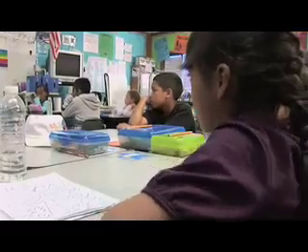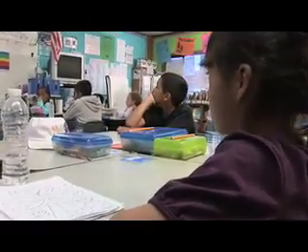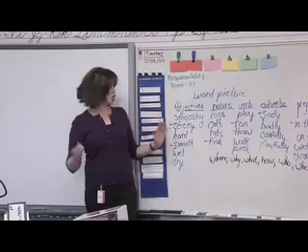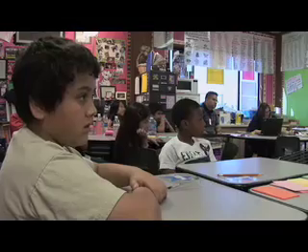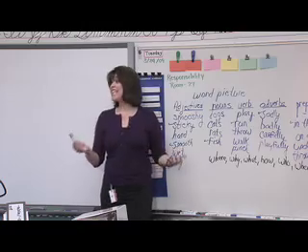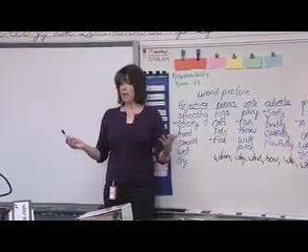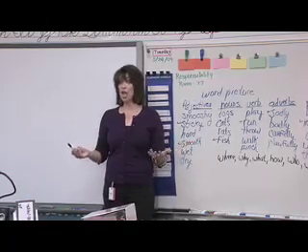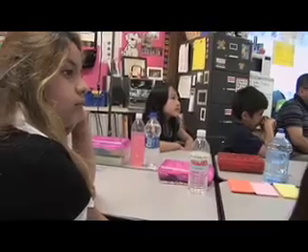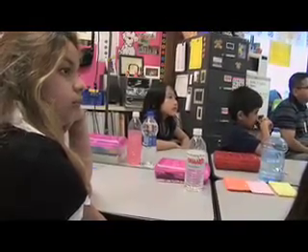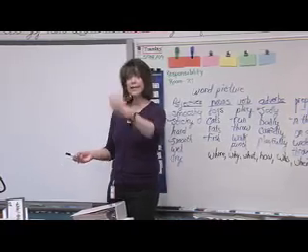So who is running sadly in the tunnel? A fish. Good job. Why are they sad? Because he's sticking to the walls. Ooh, see, that would make a fish sad, as he was trying to get through the tunnel and he's sticking to the walls. How did he get sticky?